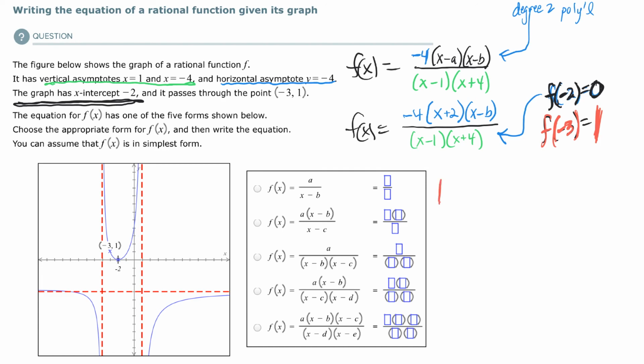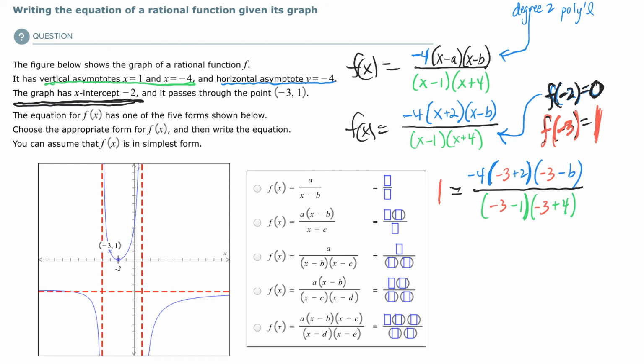So 1 is now equal to negative 4 times the quantity negative 3 plus 2, times the quantity negative 3 minus b, and put that over negative 3 minus 1, times negative 3 plus 4.